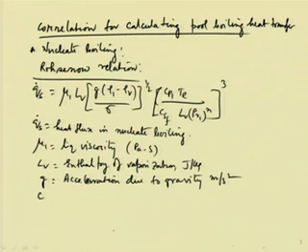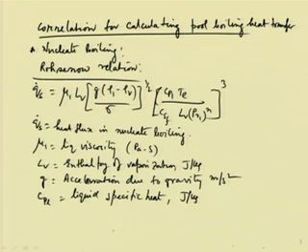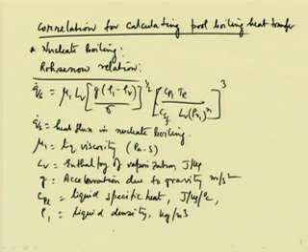Then C P L is specific heat of liquid, given as joule per kg per degree centigrade. Then rho L is liquid density, and it is definitely kg per meter cube.